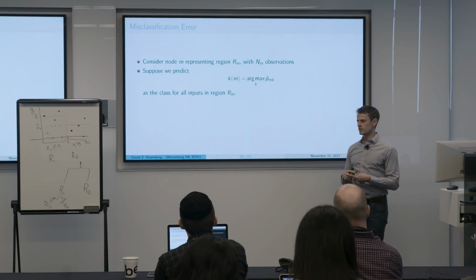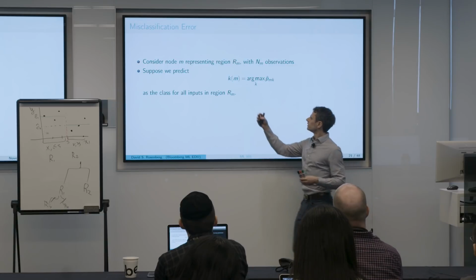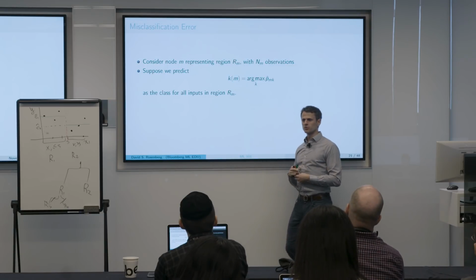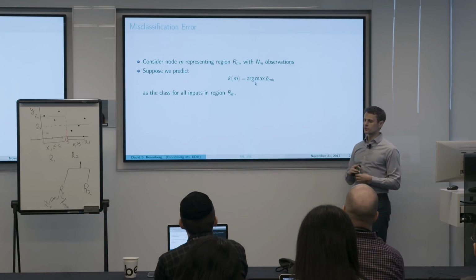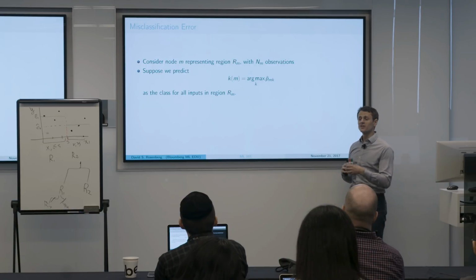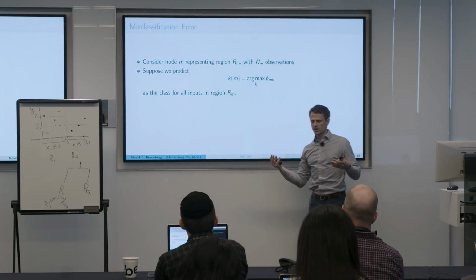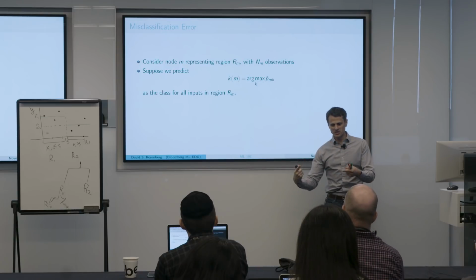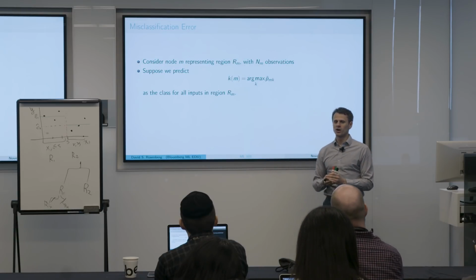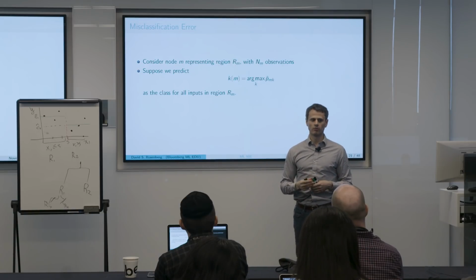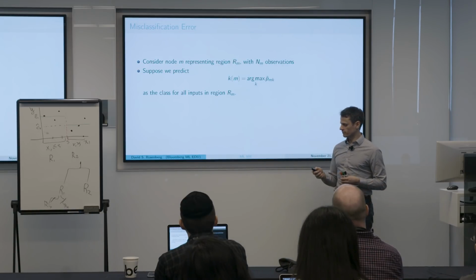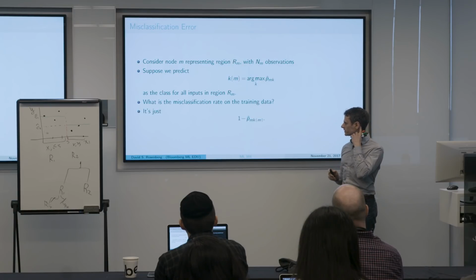So, p hat m sub k_m is the proportion of training examples in that region of the class we predict. The best guess for how often we're going to be wrong is 1 minus that proportion. It's our estimate for how many are from not that class. All right, good.